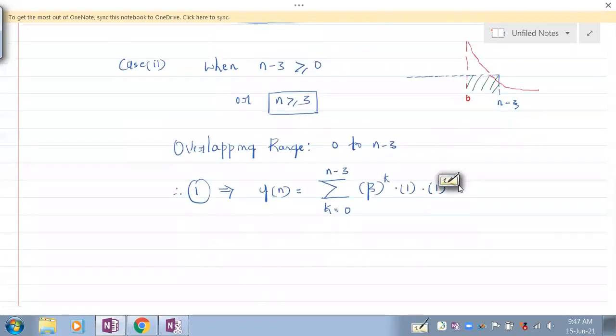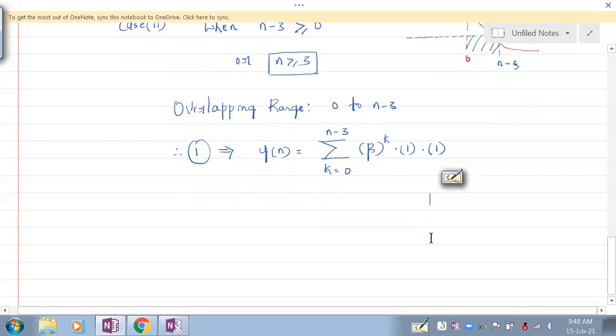Understand? So this is how it is going to look. Now, with the standard summations that I gave you in your previous class, can you tell me what this is going to be? Anybody?